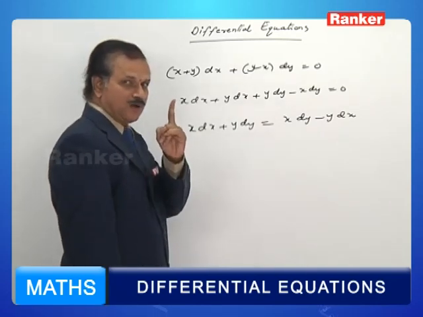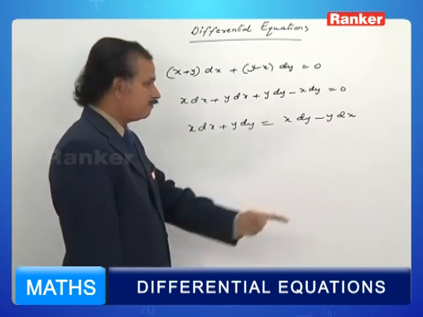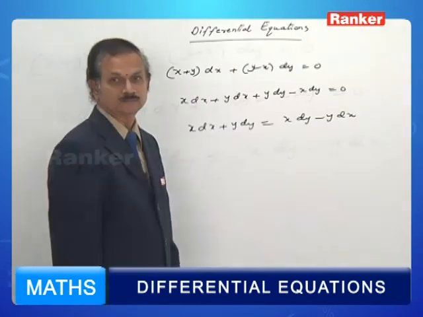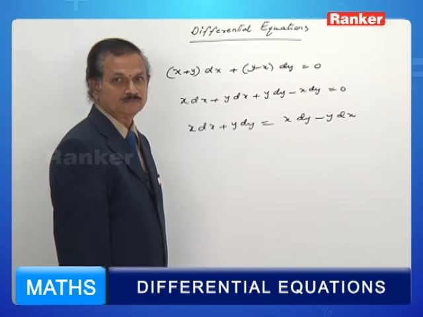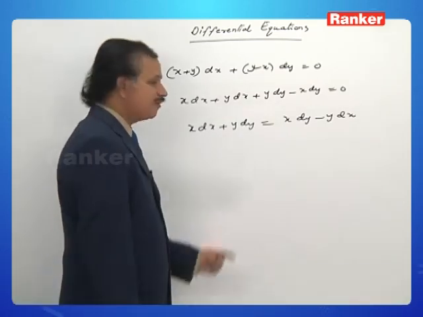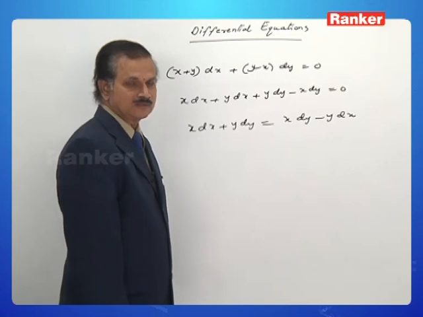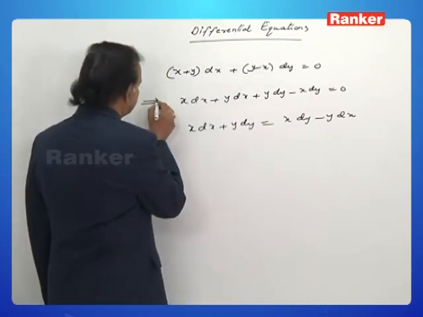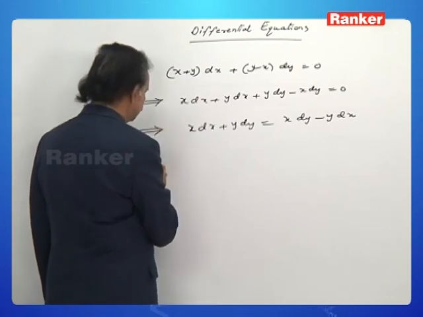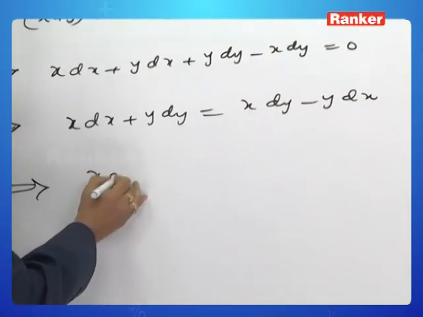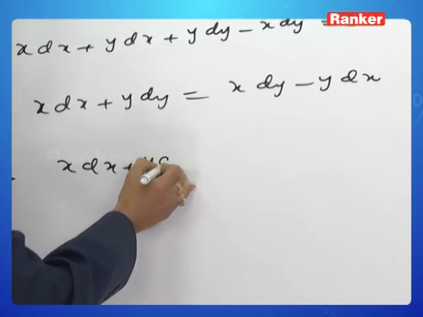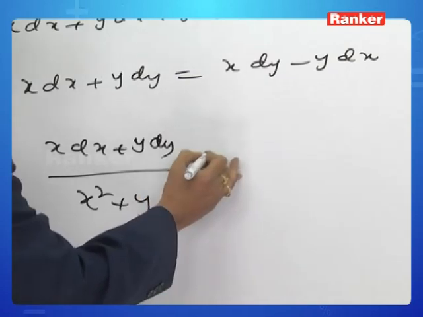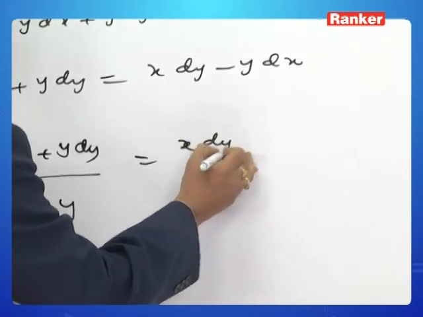You keep one particular thing in your mind. If you place something in the denominator, the same thing appears here also. If you get a benefit there, you should not get a harm here. Come on, think of. Yes. Now x dx plus y dy, I am dividing on both the sides by x square plus y square.